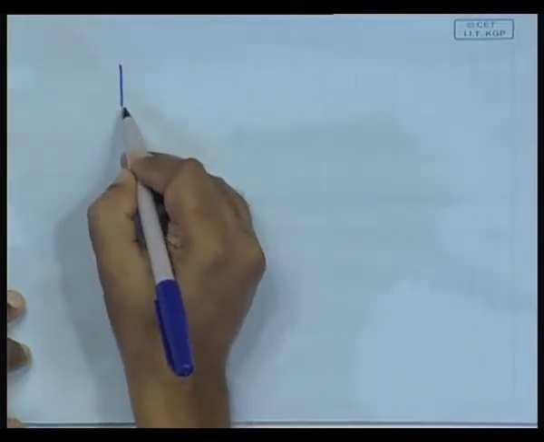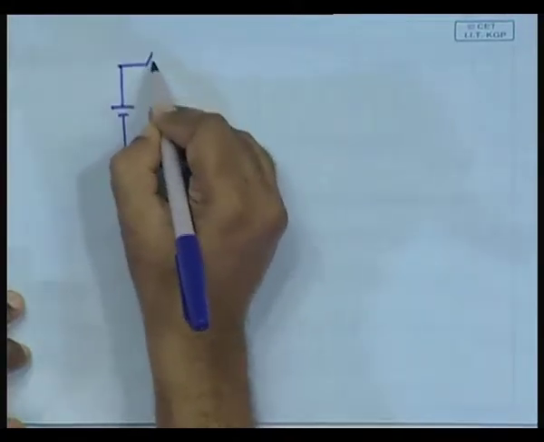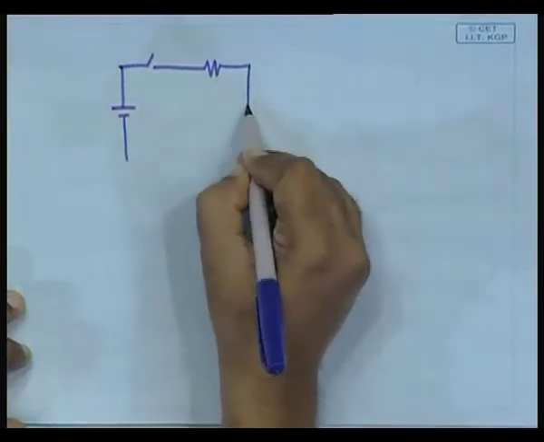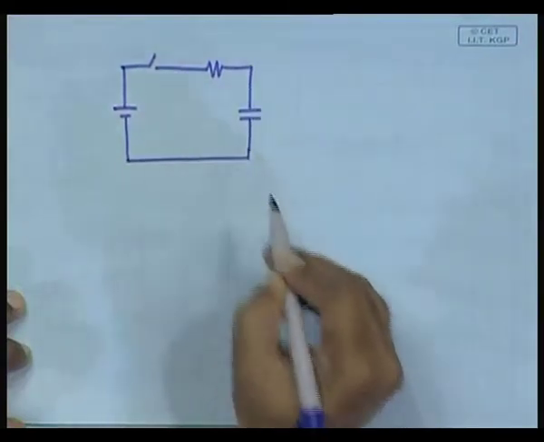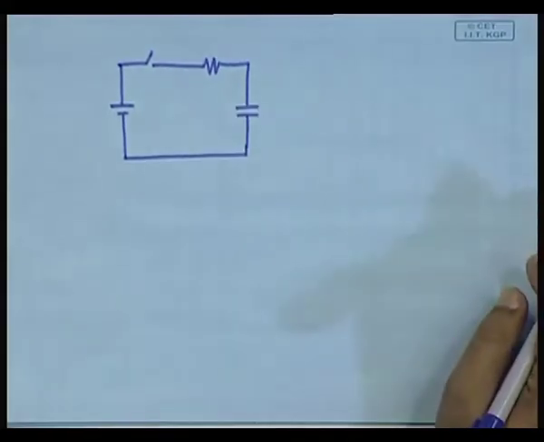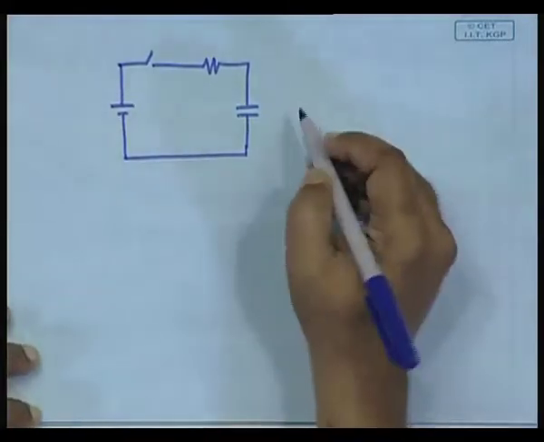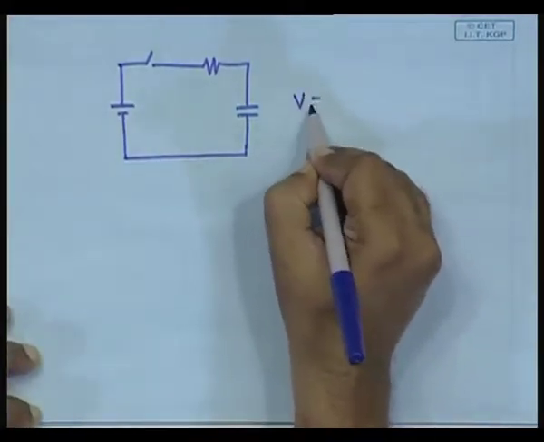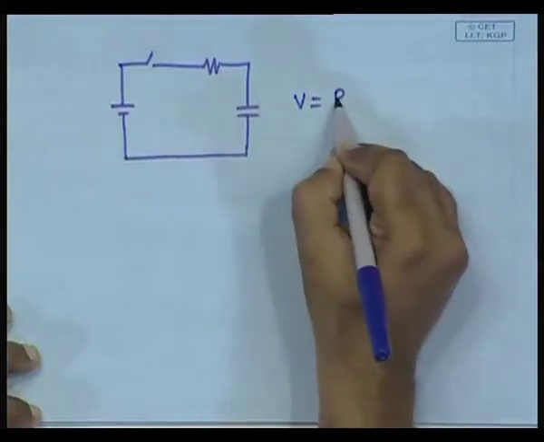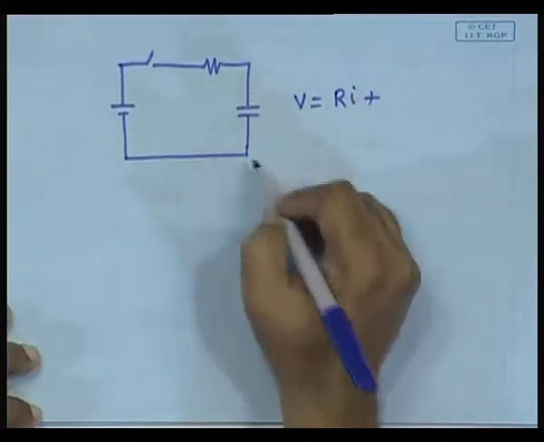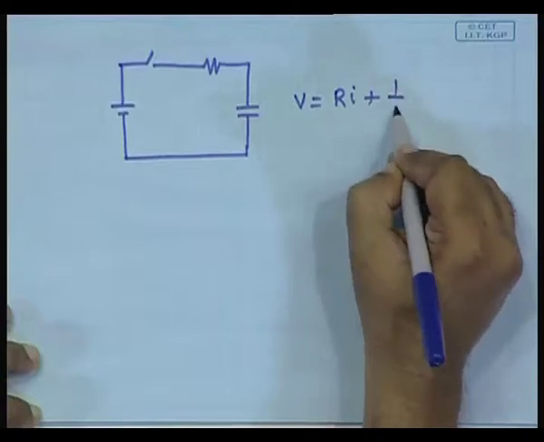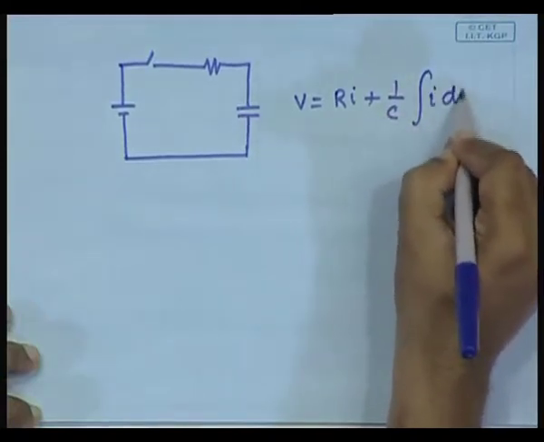In case of the RC network, again writing the equation first, it will be V is equal to R I plus 1 by C integral I dt.